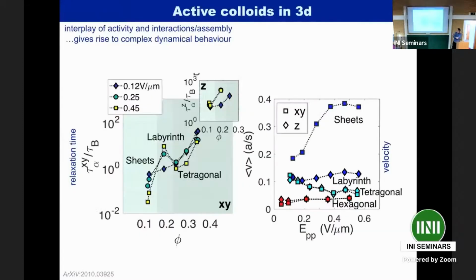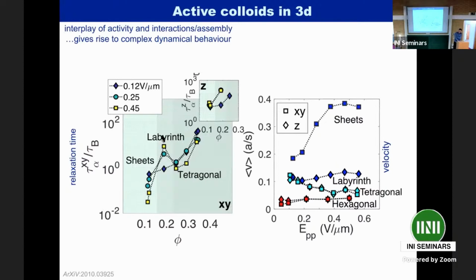The dynamics are peculiar in this system. One usually imagines that the relaxation time in a colloidal system increases as we increase the volume fraction, but this was non-monotonic. Particularly here, at higher field strengths, there is an increase in the relaxation time, and it drops when it crystallizes, which is just strange, to say the least, and then it continues to increase at higher volume fractions.